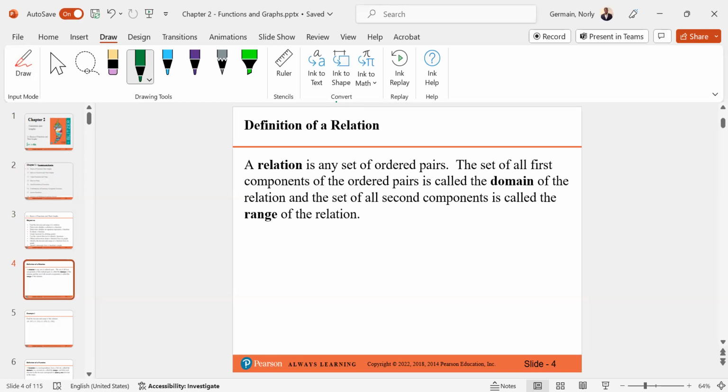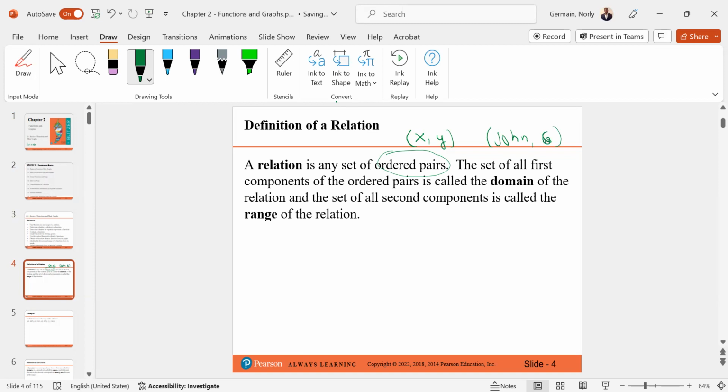For example, when I say ordered pairs, the first one is the x coordinate, the second one is y. If you don't want to call them x and y, as long as you put them inside a parenthesis, it means something. For example, I can say John, 6. It all depends on what I mean by these two coordinates.